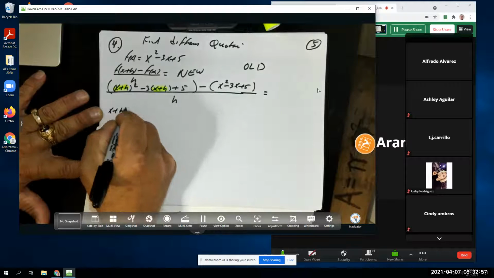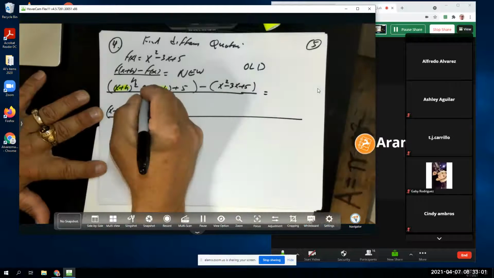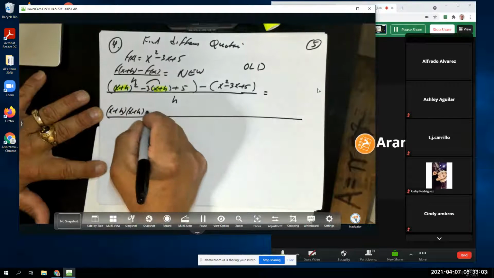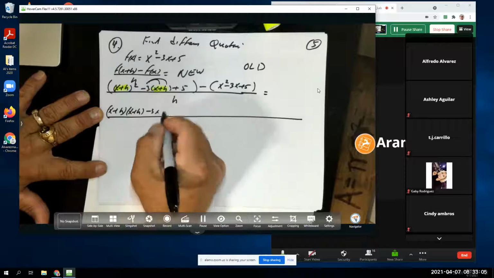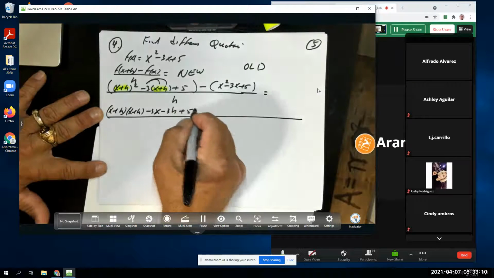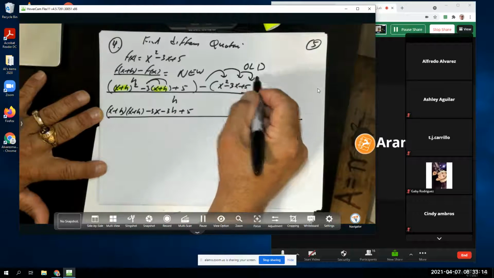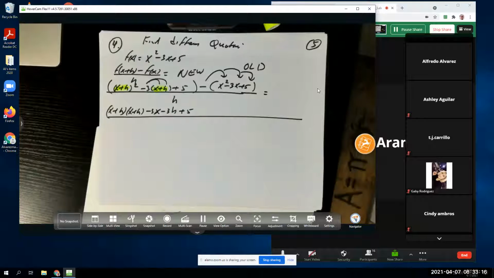X plus h times x plus h. And this right here means negative 3x. And this right here means negative 3h. And then plus 5. And now, this minus sign, is it going to affect all the numbers after it? Yes or no? Are they going to change the signs?